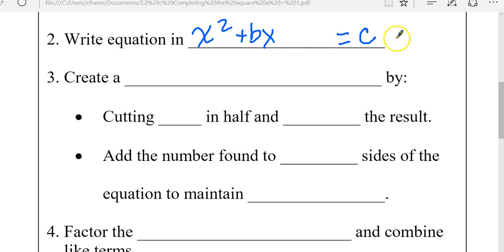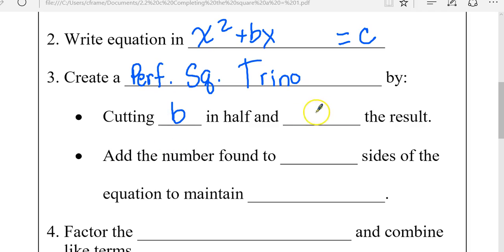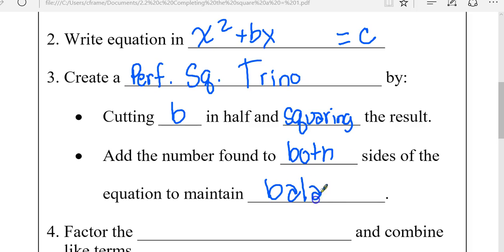So we're going to move the constant out of the way if we have one. We're going to make a space for completing the square. Then we create a perfect square trinomial by cutting b in half and squaring the result. Then we add the number found to both sides of the equation to maintain balance. That's step 3.